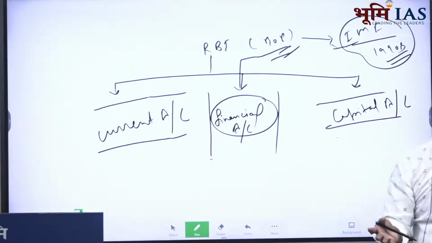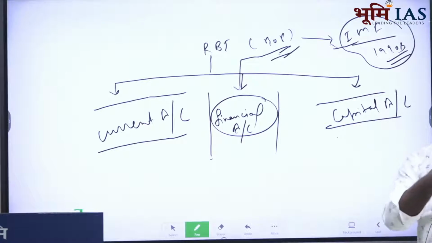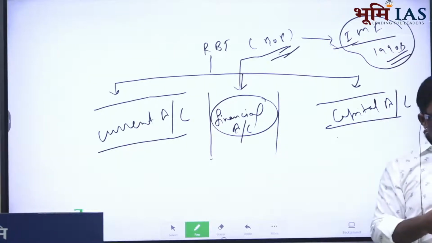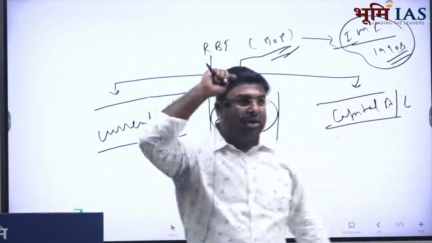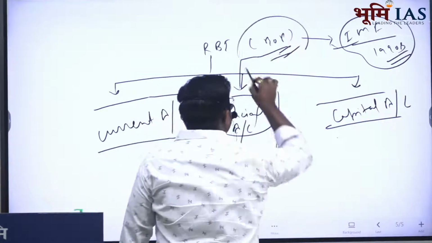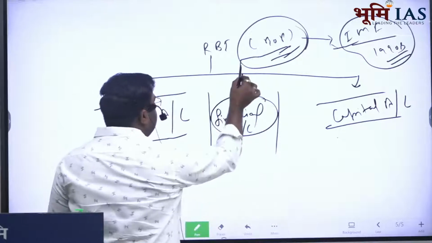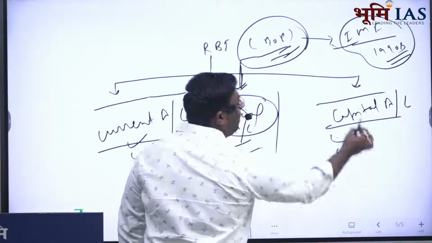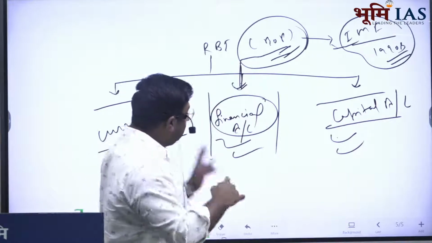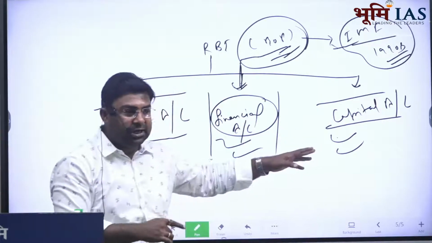Fine. RBI also adopted that manual of IMF, and that manual said that this entire document of BOP needs to be categorized into how many categories? Three categories. The IMF manual speaks about three different categories.